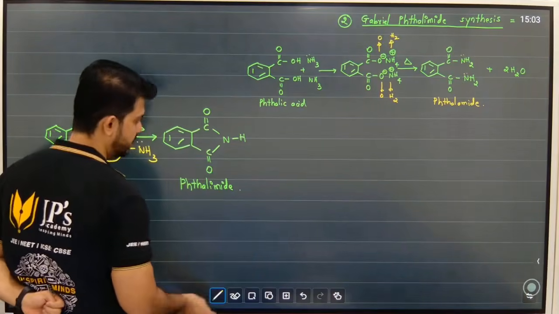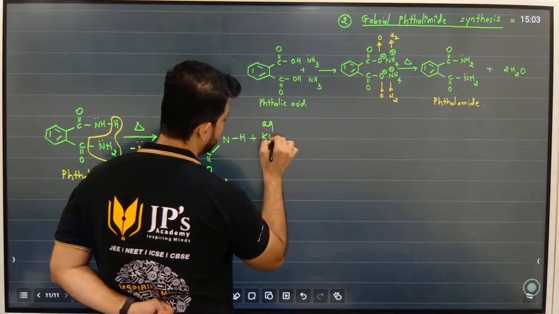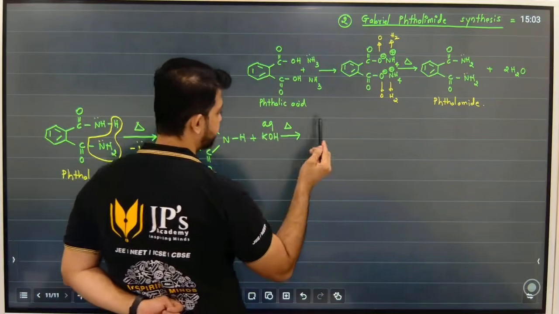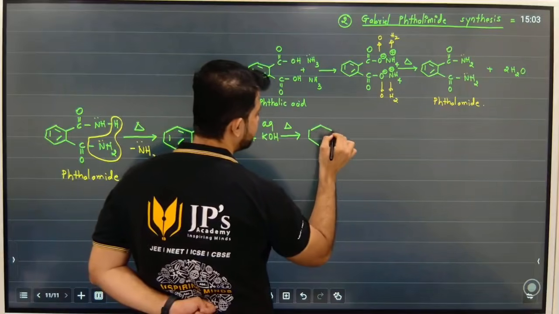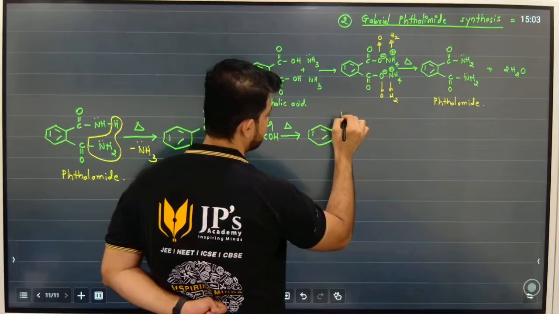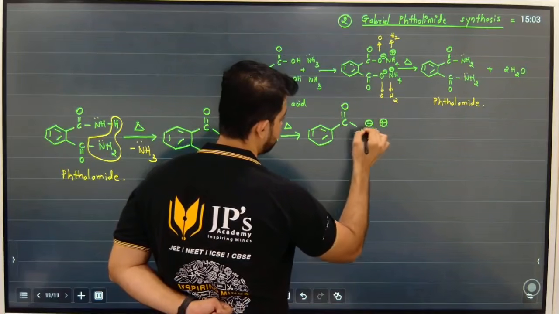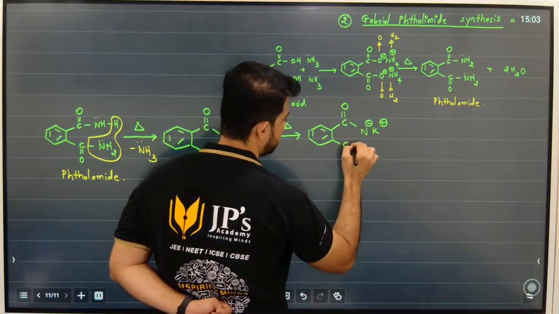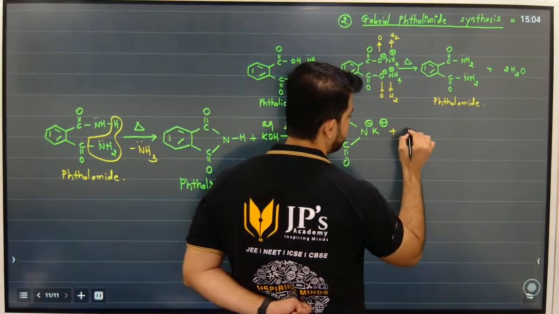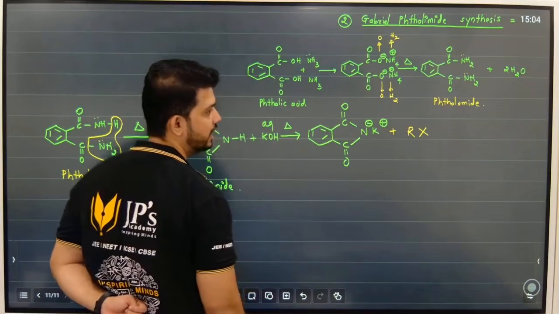Now यहाँ पे phthalimide with aqueous KOH or NaOH, what we get here is N potassium salt of, you can say, phthalimide, N minus K plus. And then here is reaction. ये सबसे important step है. Now you treat it with alkyl halide.